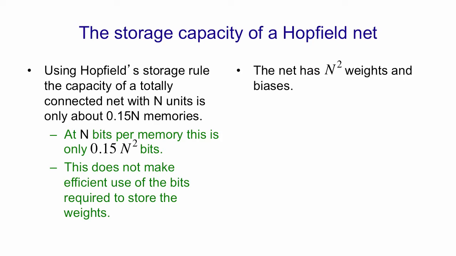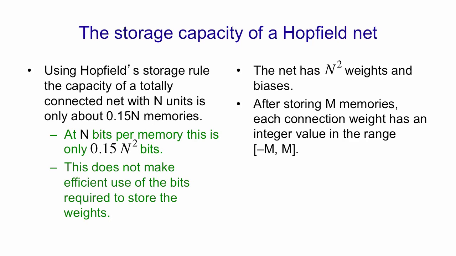There's n squared weights and biases in the net, and after storing m memories, each connection weight has an integer value in the range minus m to m. That's because we increase it by 1 or decrease it by 1 each time we store a memory, assuming that we use states of minus 1 and 1. Now, of course, not all values will be equiprobable, so we could compress that information.